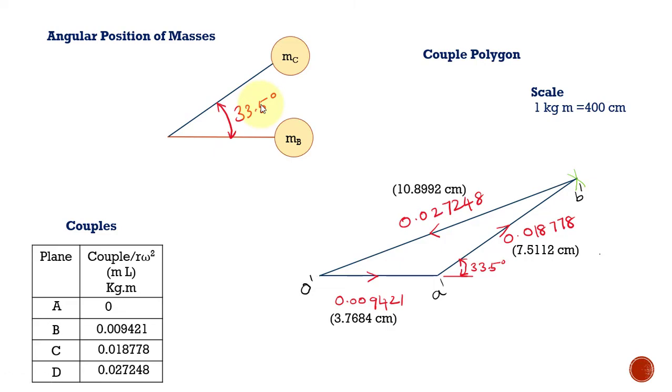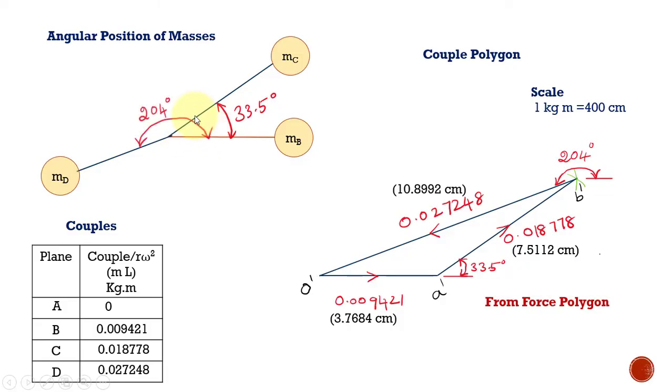Now let us come to mass D. This is the couple direction of mass D. I'm going to draw the horizontal line, and I have measured this angle as 204 degree. So I'm going to draw a parallel line to that to represent mass D, and this angle is 204 degree.